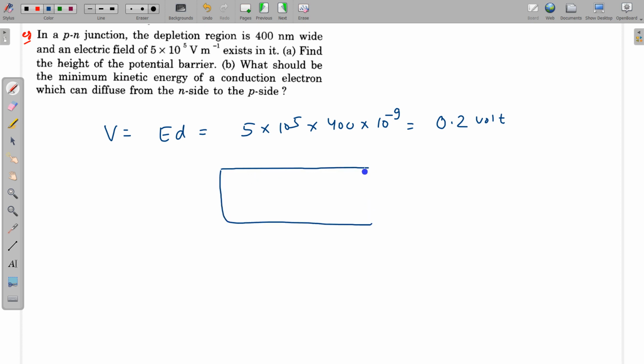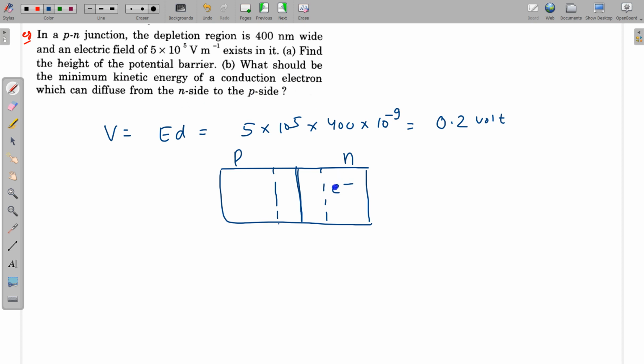So this is our PN junction. This is the depletion layer. This is the PN junction here. So what should be the minimum kinetic energy of a conduction electron which can diffuse from N side to P side?